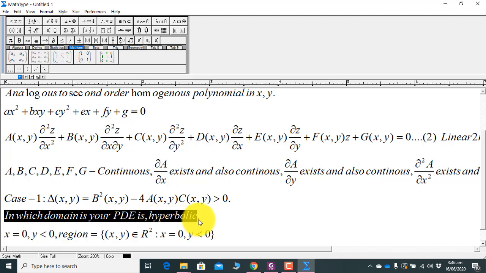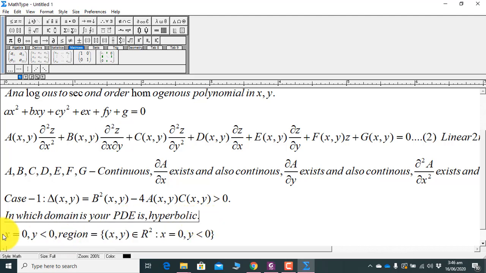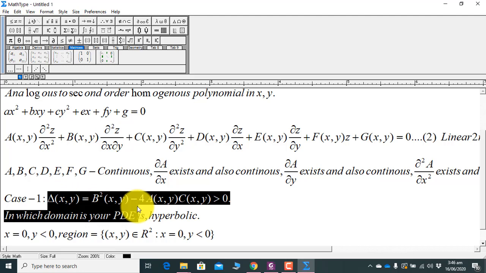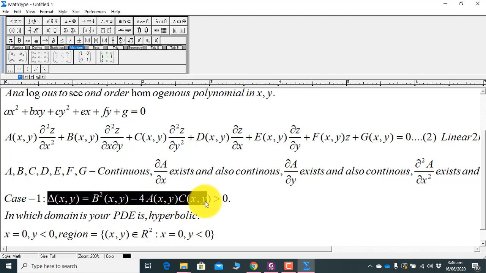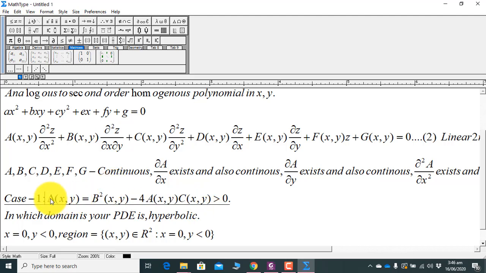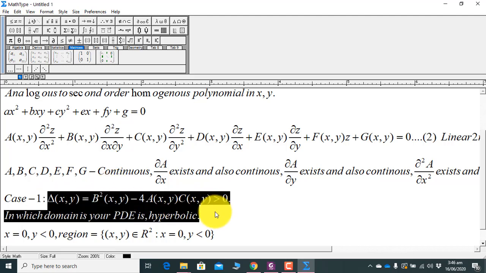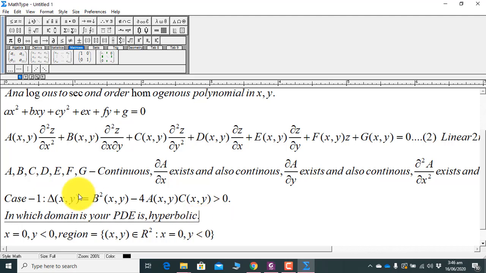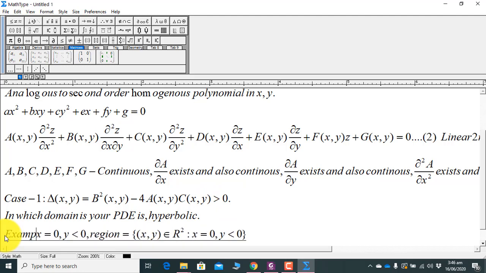I am telling you the exemplary case of how you should proceed when you have a, b, c, d in general variables depending upon x and y. So if they depend upon x and y, you must calculate the discriminant. After the calculation you have to analyze at which points x and y your quantity delta will be strictly positive.